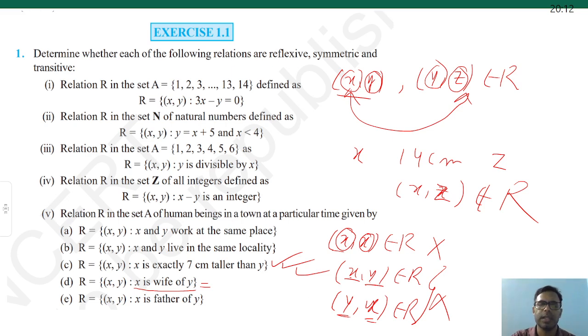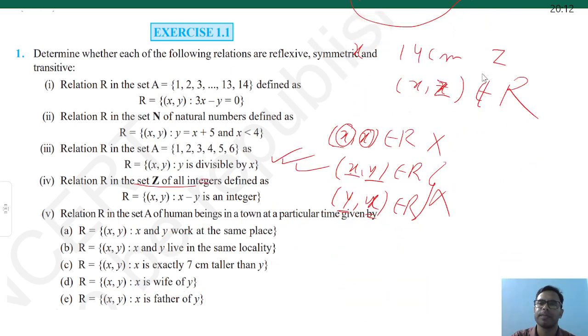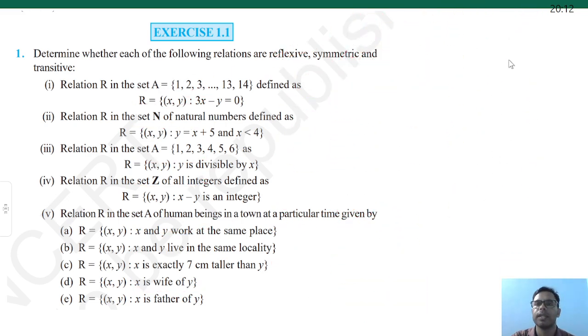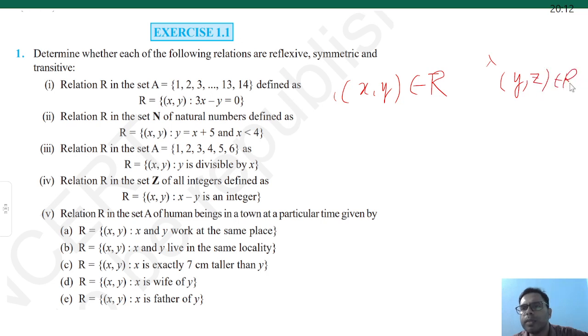But you see, the third one is important. If you take xy belongs to R, this time you cannot take yz belongs to R. You try it yourself, and the reason is: as I am taking xy belongs to R, then x is wife.